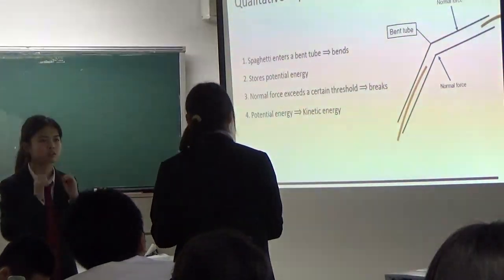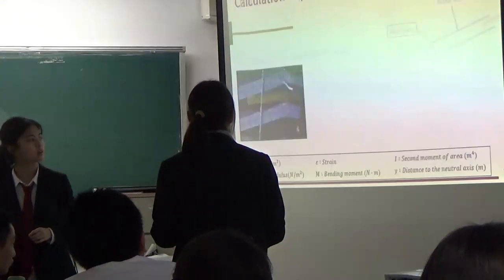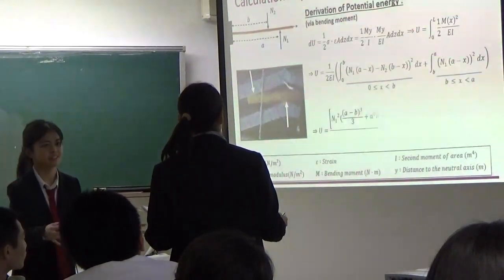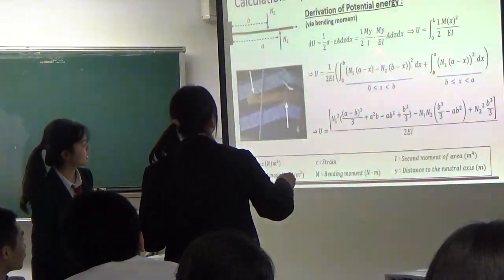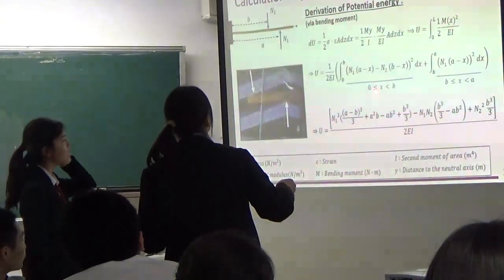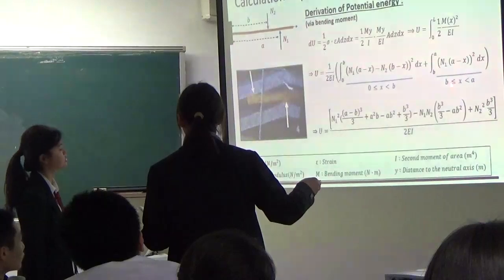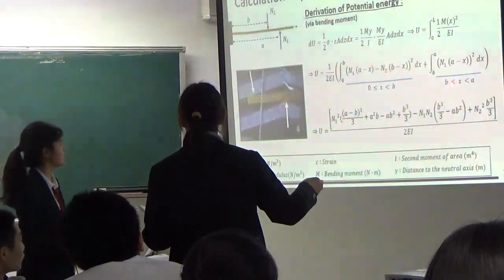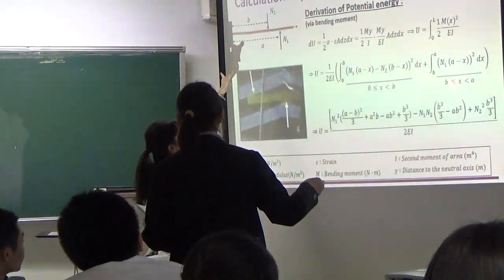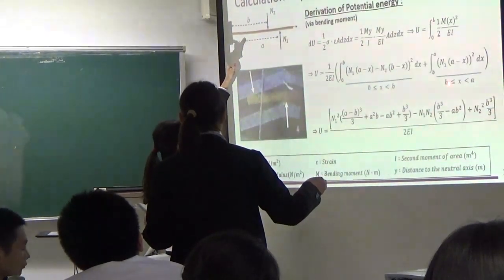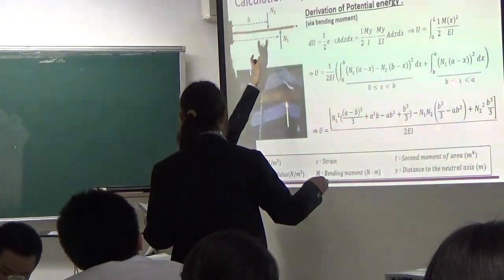Turning to page 10. Oh, here's the curious part. Why is 0 smaller than x and smaller than b, but here? Oh, we are just calculating the b part, like the torque of b and the torque here.